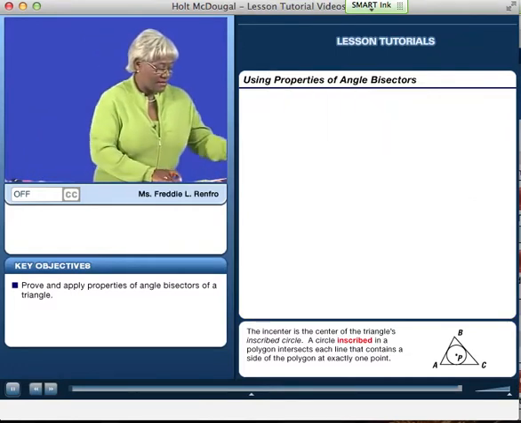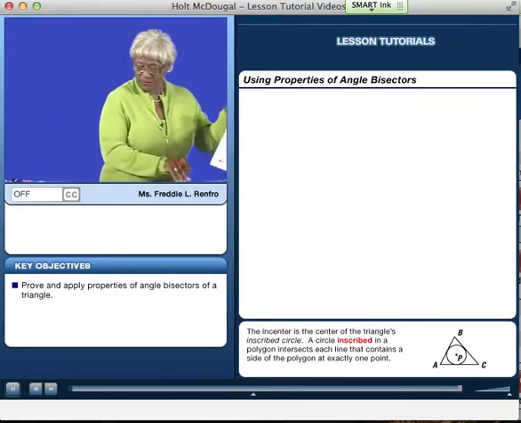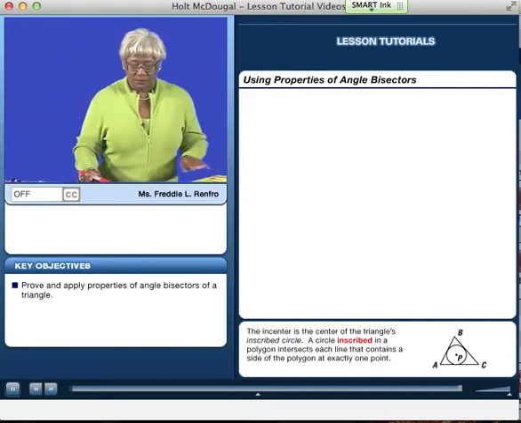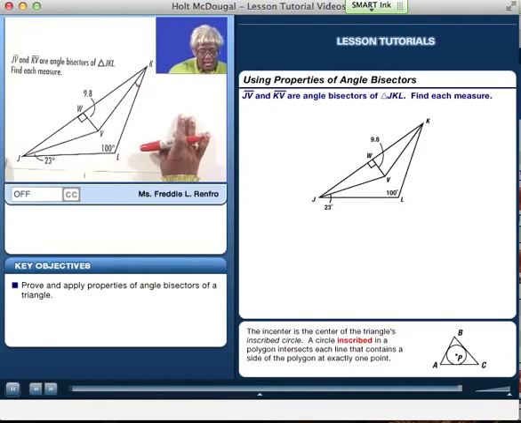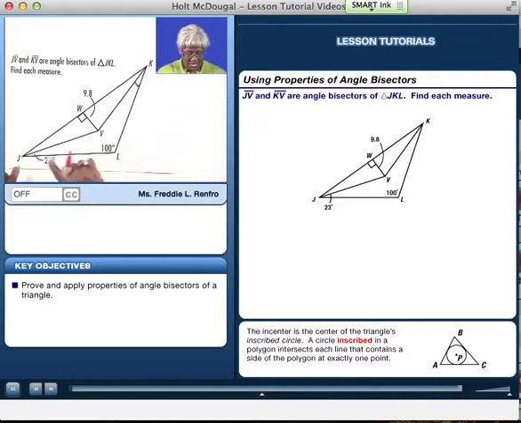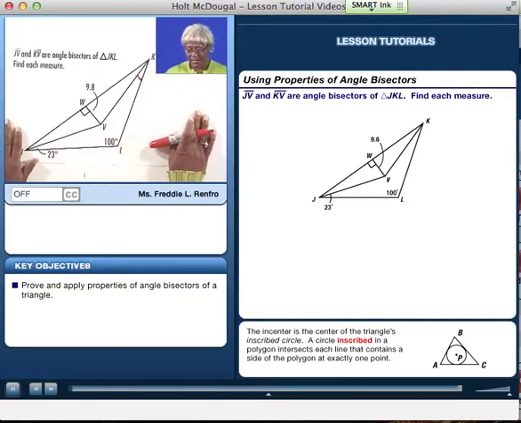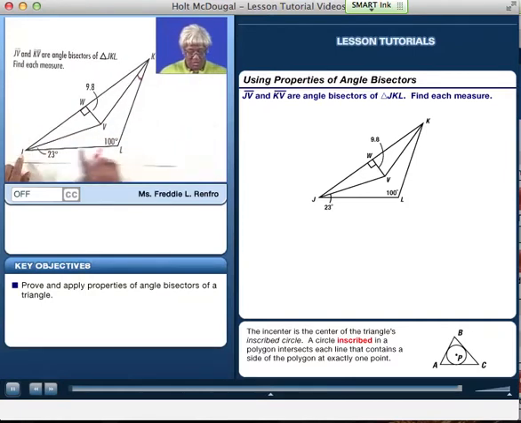Now, knowing that, let's look at a problem. Line segment JV and line segment KV are angle bisectors of the triangle JKL.